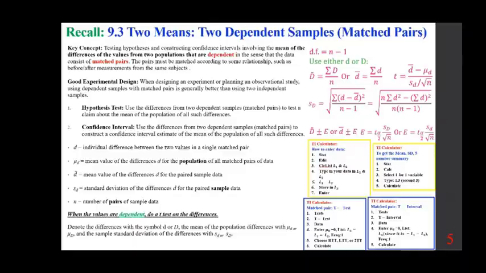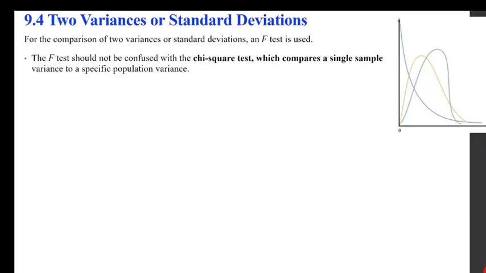When we deal with two variances or standard deviations, for the comparison of two variances or standard deviations, we use what's called an F-test. Like chi-square, it is non-symmetric, it is skewed to the right, and it is important not to confuse it with the chi-square. In the case of the chi-square, we are dealing with a single sample.